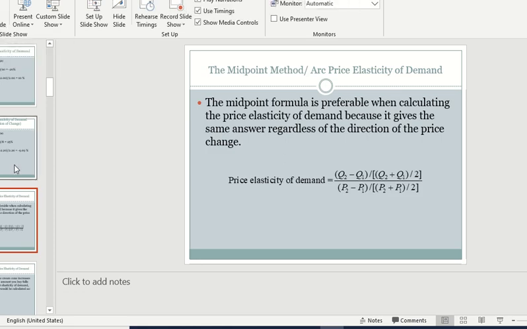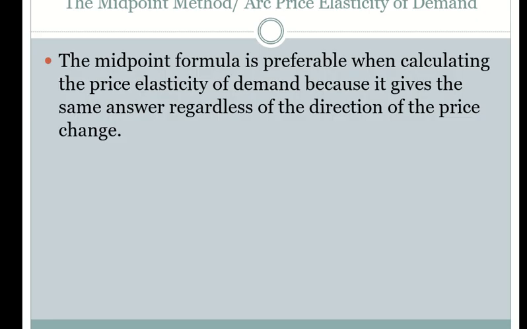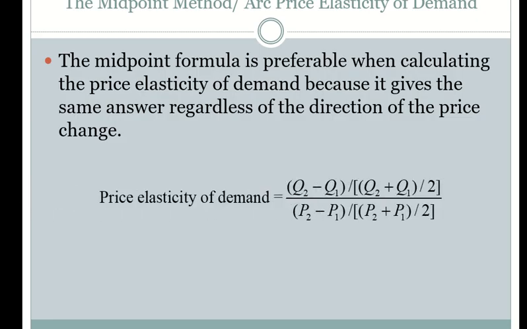So what is the midpoint method? It's still the same: the percentage change in quantity demanded in the numerator divided by the percentage change in the price in the denominator. Strictly speaking, we should have 100% here because we're looking for percentage change in both the numerator and the denominator.